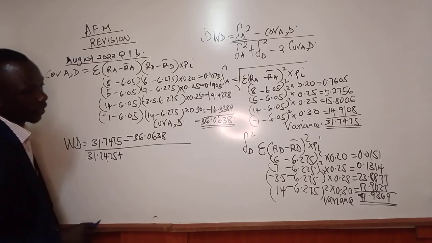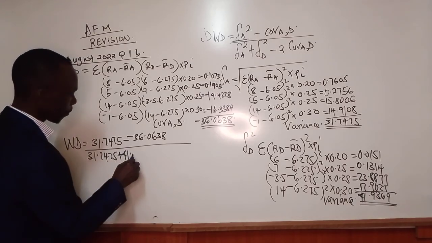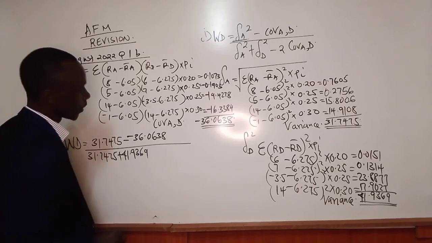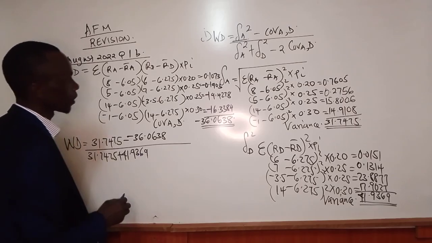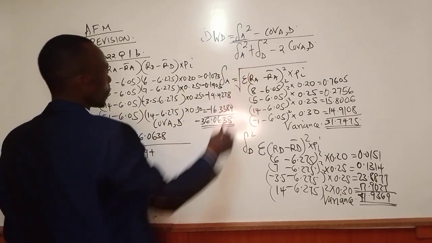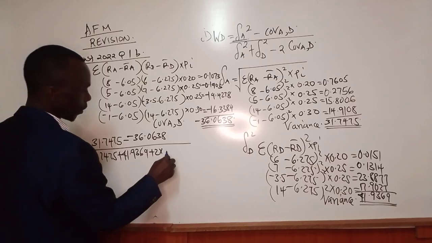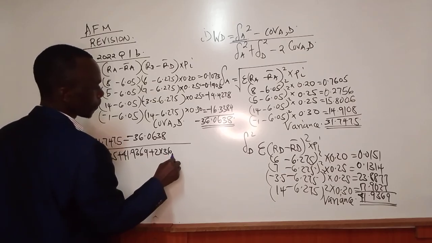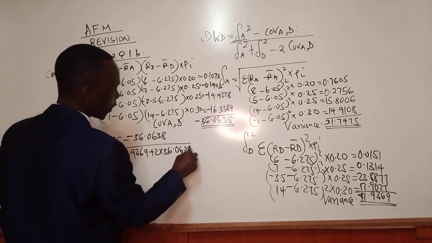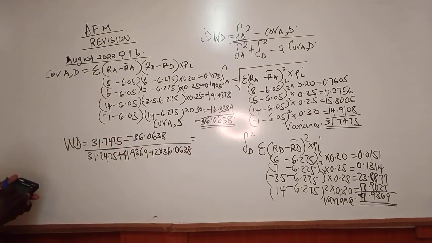Then plus D, 41.9369. Then we have what? Plus, it will change to positive because minus will be positive, 2 times what? 36.0638. So when we simplify this, it will be how much?